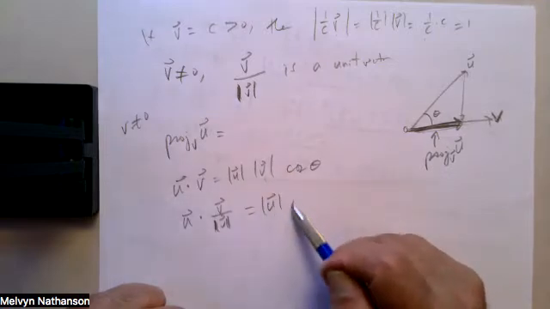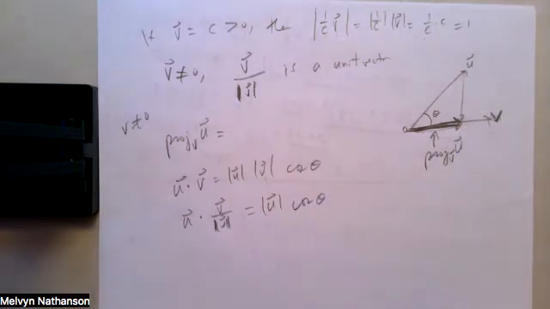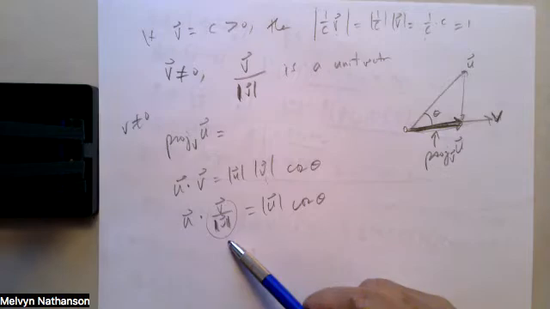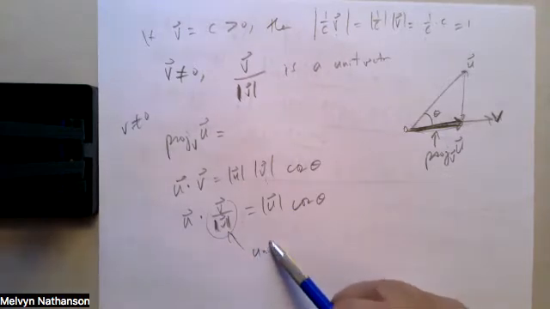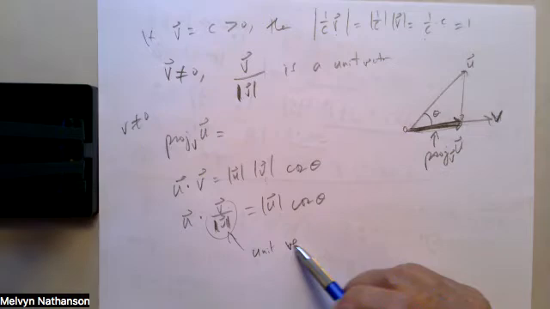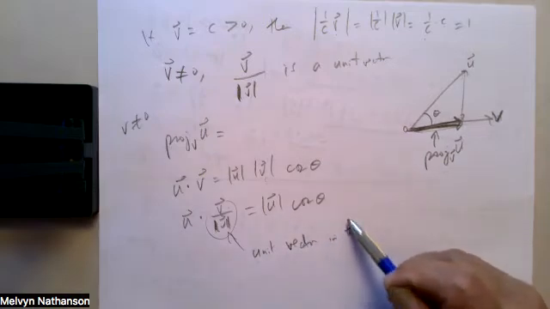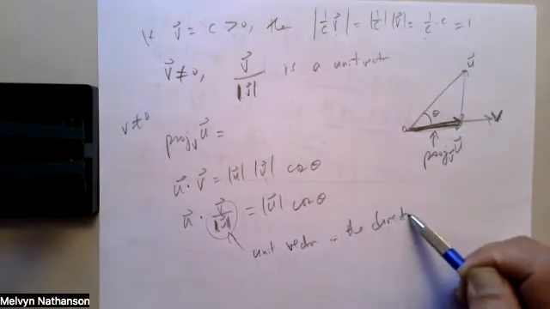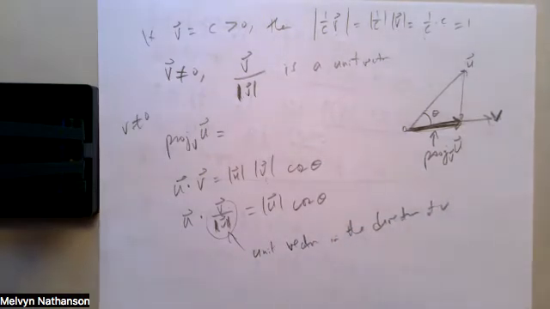This is the length of u times the cosine of theta. And this is a unit vector, because I have the vector v divided by its length. This is a unit vector in the direction of v.